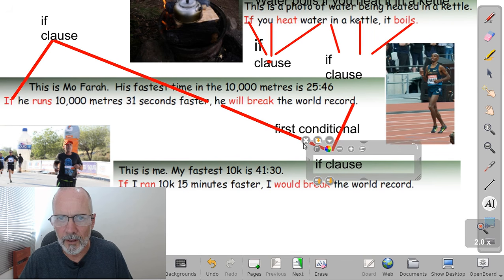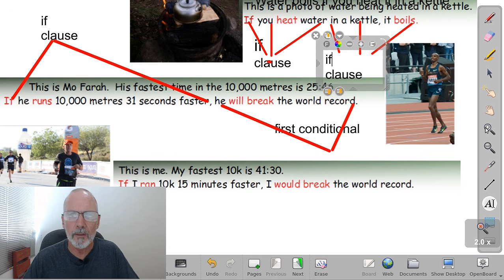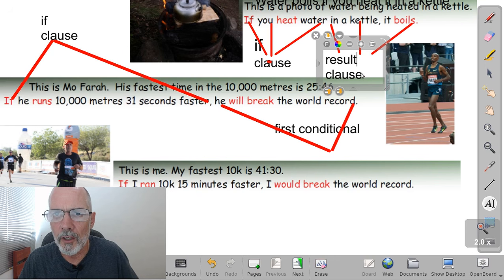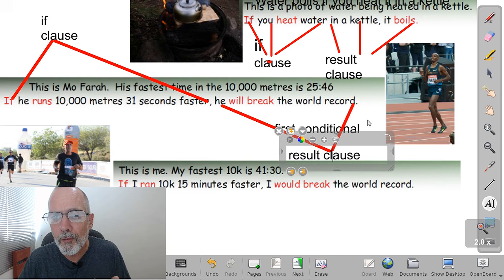Oh, I got there the wrong one, sorry. Here I put if clause. This should have been the result clause, sorry. I think I changed it just now, let's try and copy that and move it down there. So it's the same as the one before.